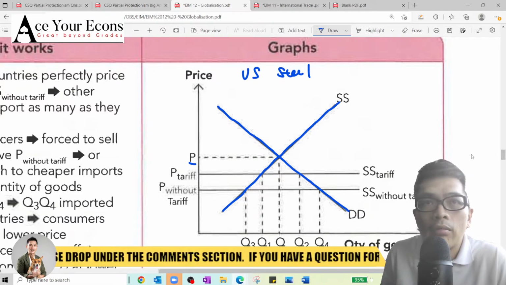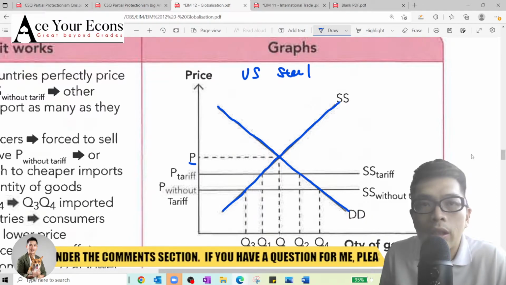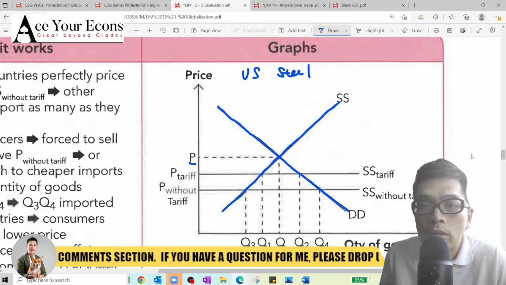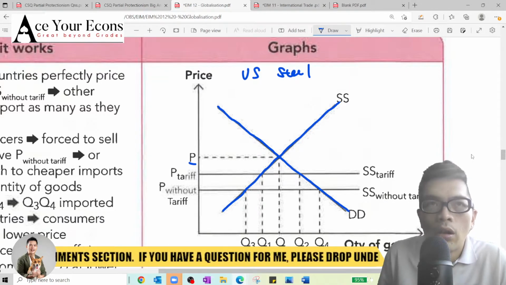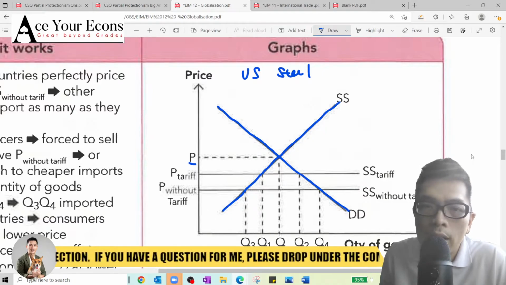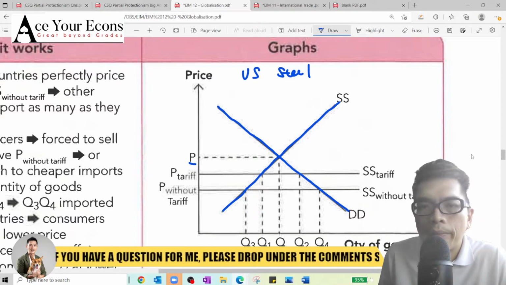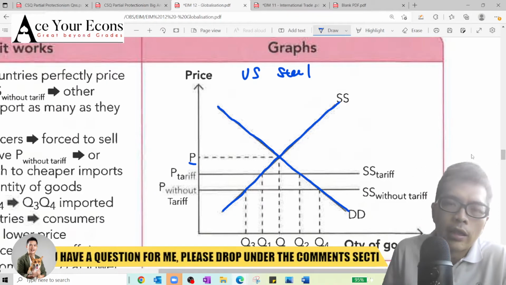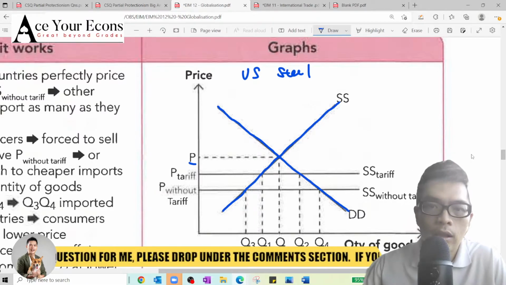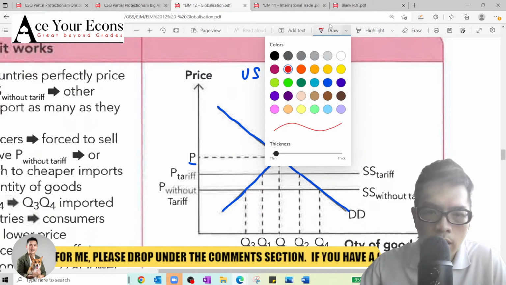Maybe China, maybe South America, countries that have an endowment of resources, especially minerals. So when the US gets involved in free trade with countries like China, let's use China for instance, we can see that the supply of Chinese steel into the United States, I'm going to draw this, will be this.